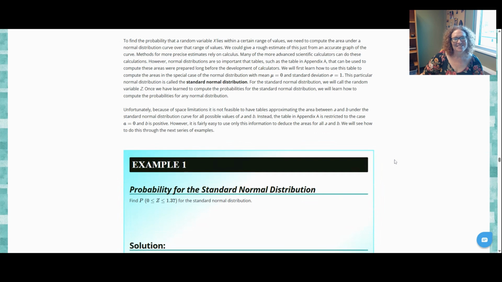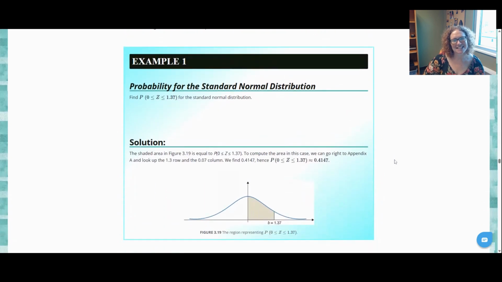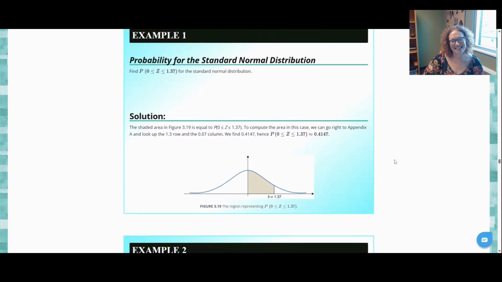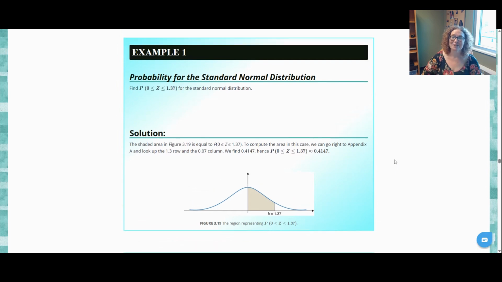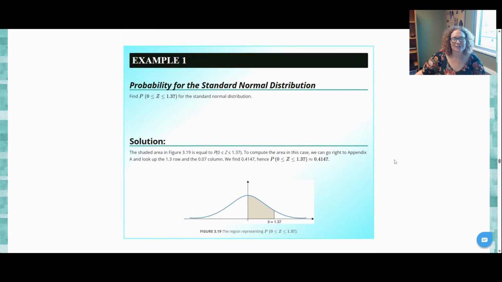So, we're going to start out with our first example. Okay, so here we go. The probability for the standard normal distribution. We want to find the probability that 0 is less than or equal to z is less than or equal to 1.37 for the standard normal distribution.